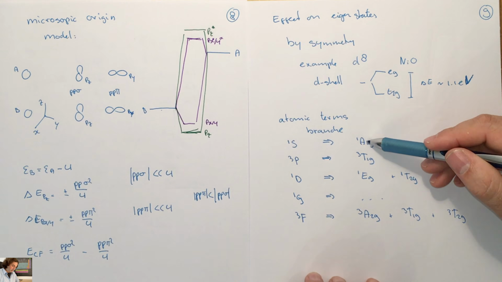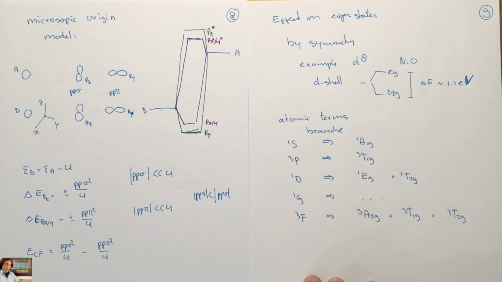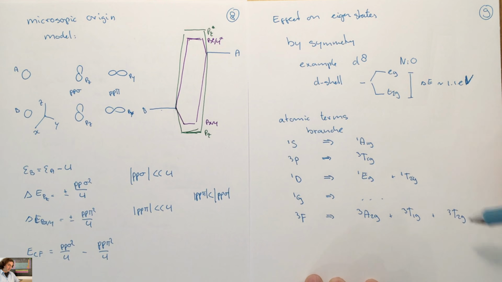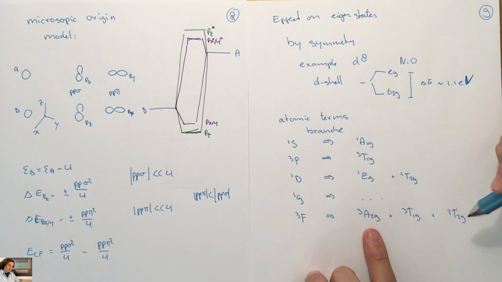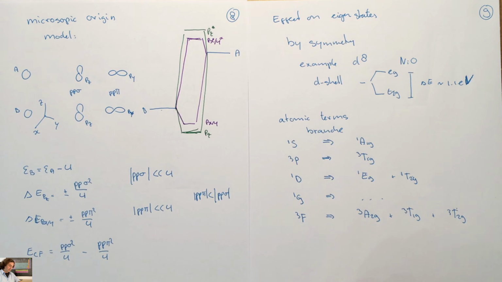Now the A is single-fold degenerate, which fits with the S, the T is three-fold degenerate, which fits with the P, the E is two-fold degenerate plus the T three-fold degeneracy of the T gives you the five-fold degeneracy of the D, and here we have 3 plus 3 for the T is six-fold, plus 1 is a seven-fold multiplicity of the F state. 1, 3 and 3-fold degenerate, and the F has 7, 2L plus 1 states.